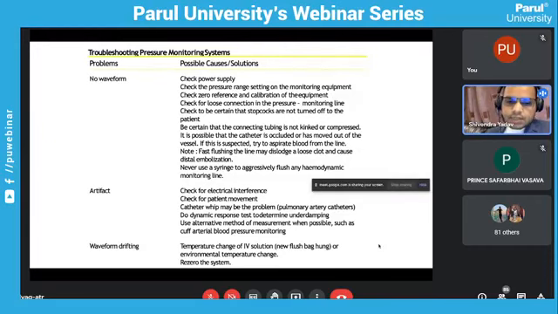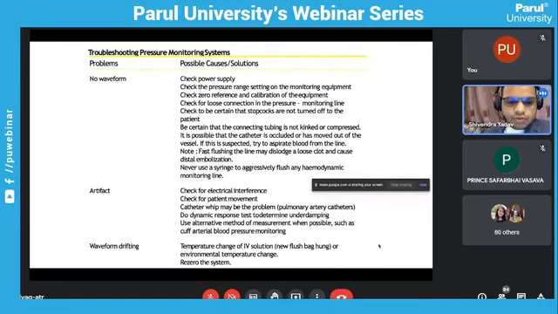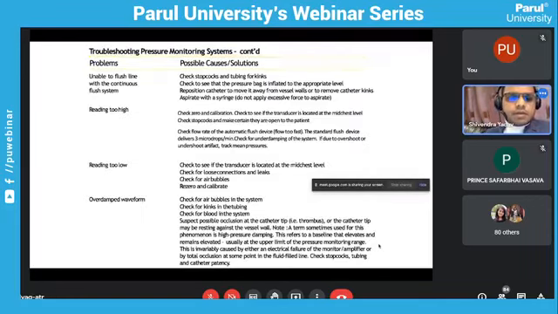When they receive fluids, there is a change in temperature of the IV solution, and when there is a change in temperature, you will get a variation in the waveform, and then you don't have to panic at this time. You just re-zero the system and restart it. So this is how you will sort out the waveform drifting.